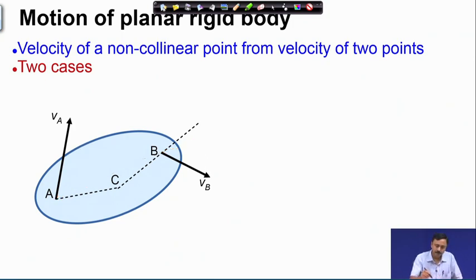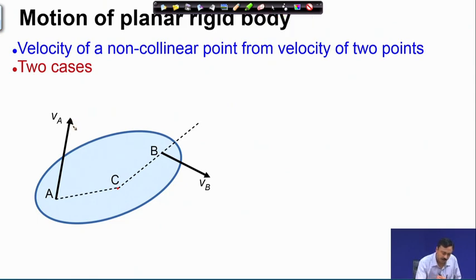Now, consider another point C, as I have shown here. I would like to find out the velocity of point C given the velocities of point A and B. So, can I do that? Remember, using the same constraint that the distance AC cannot change and distance CB cannot change, what I must do is I must drop perpendiculars.